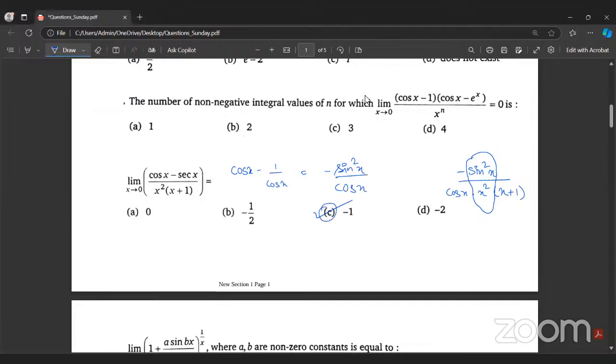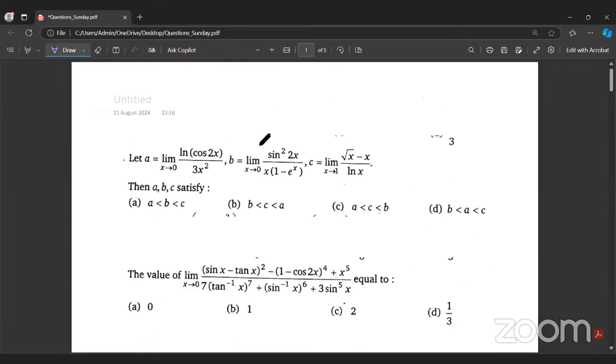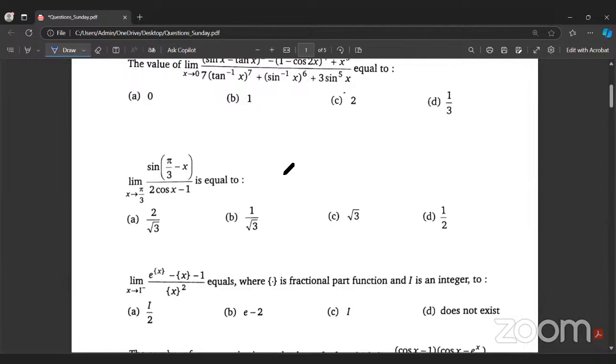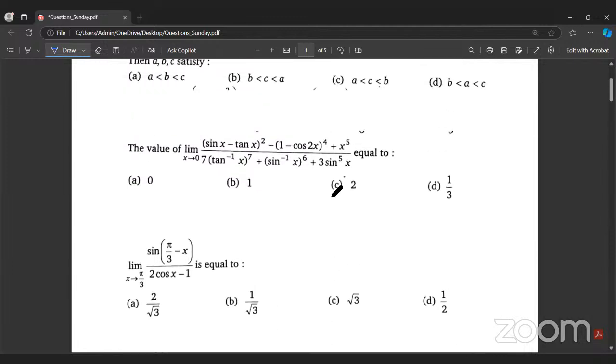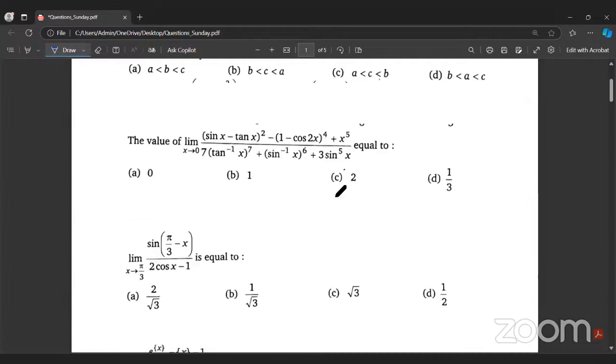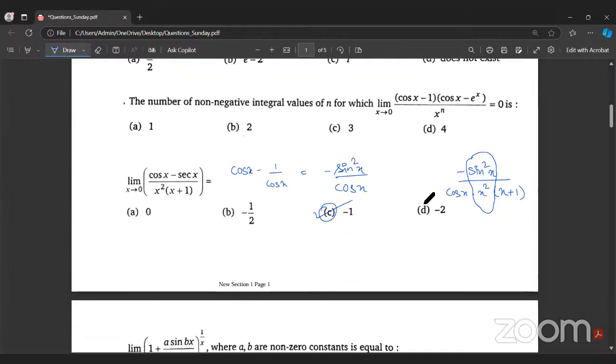Okay. Any doubts in the above question? Any doubts in any of these questions? Tell me, what about the cos x in the denominator? See, x is tending to 0, right?